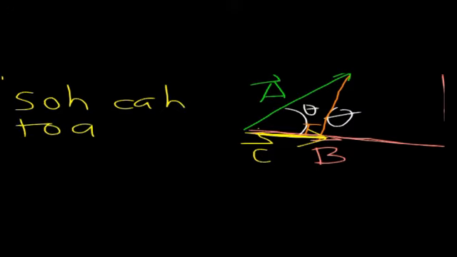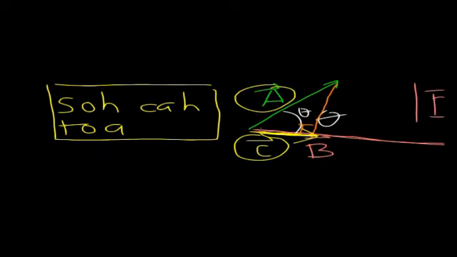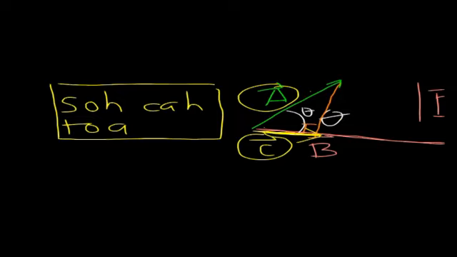Now, which of these trigonometric functions can relate vector A to vector C? Sine is opposite over hypotenuse, and the opposite side to the angle theta is the orange one, so that's not it.